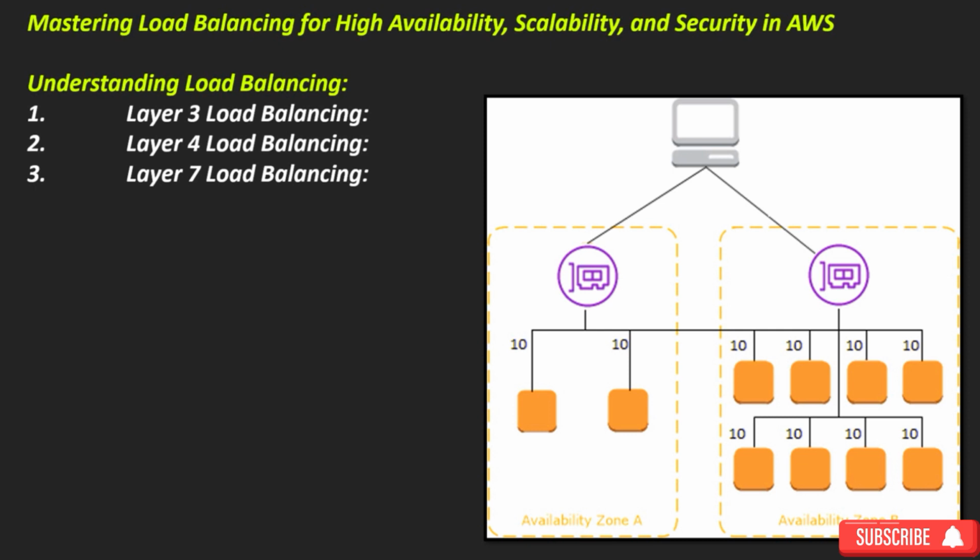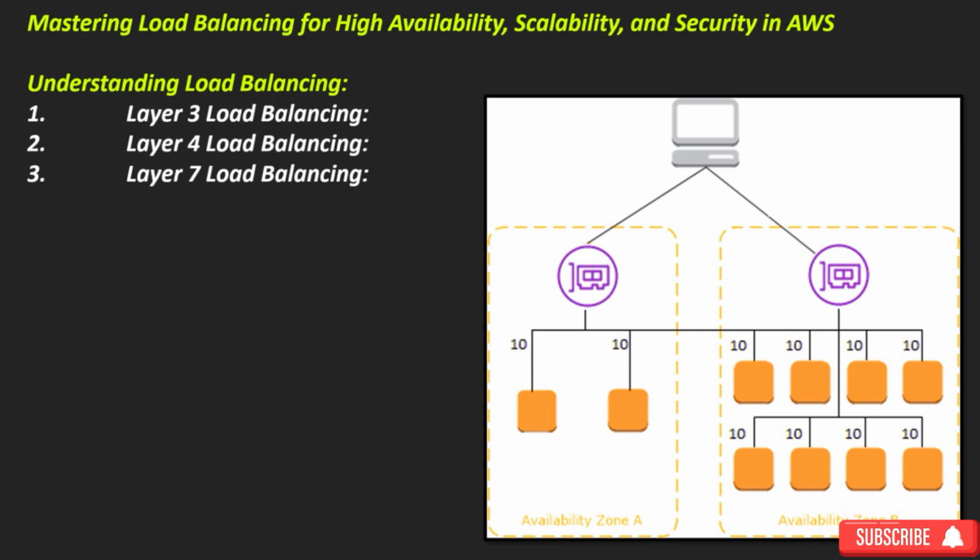One of the key components that plays a crucial role in meeting these requirements is load balancing. In this part of the lecture, we discuss the intricacies of load balancing at different layers of the OSI model, explore various types of load balancers, and discuss their integration with other AWS services for optimal network design.